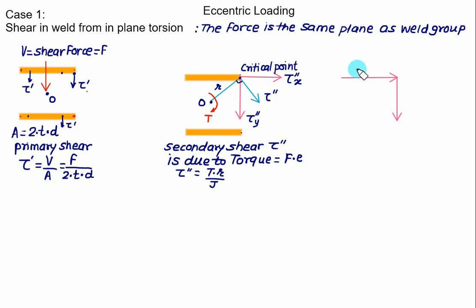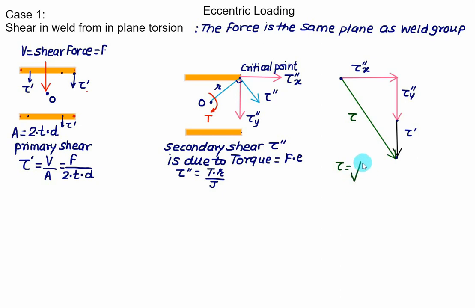So if I show here the tau double prime x horizontally, tau double prime y, and on the tip of this we show tau prime, which represents the primary shear stress. Join the first point with the last point and we get the resultant value of the shear stress. This length of arrow represents the resultant shear stress, and it can be obtained by Pythagoras.